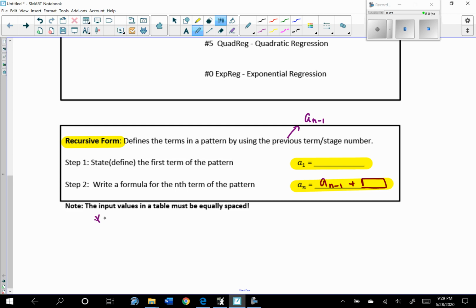And also remember that we do not use negative subscripts. So keep in mind that the subscripts are always going to be positive.